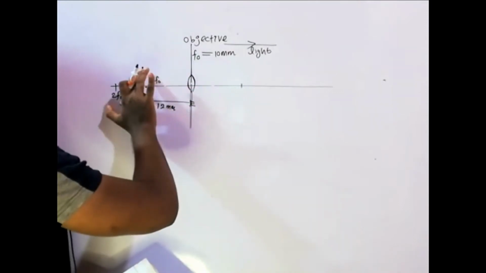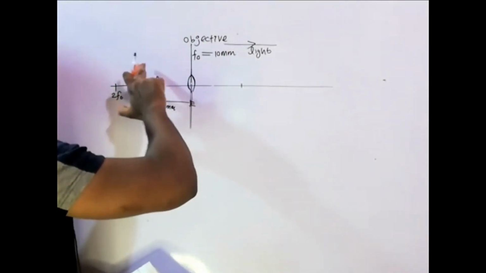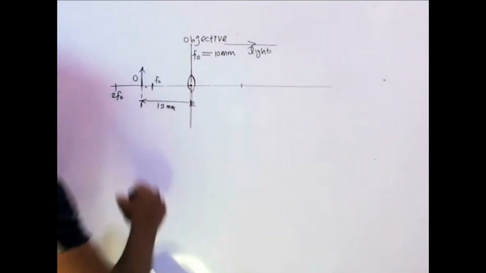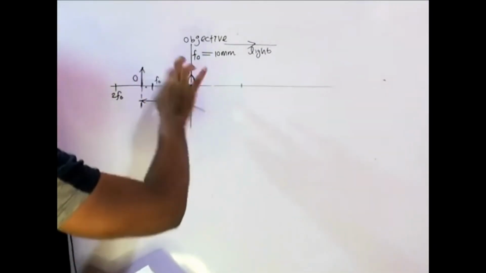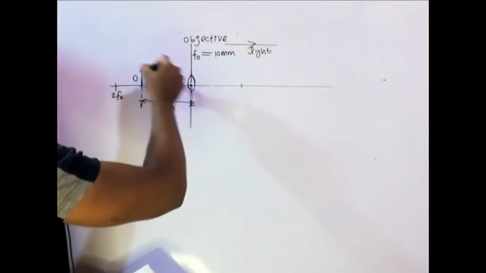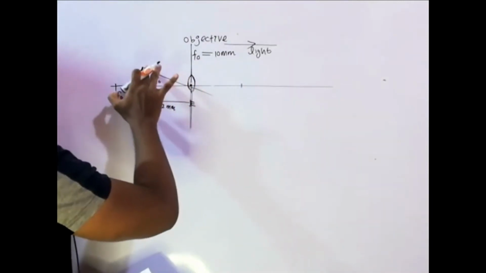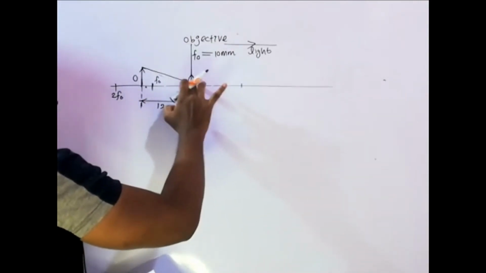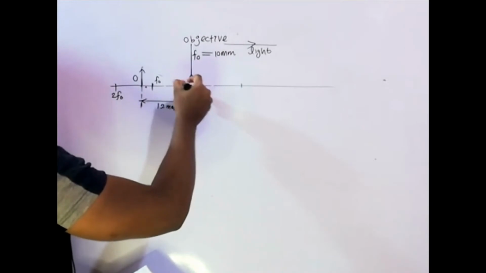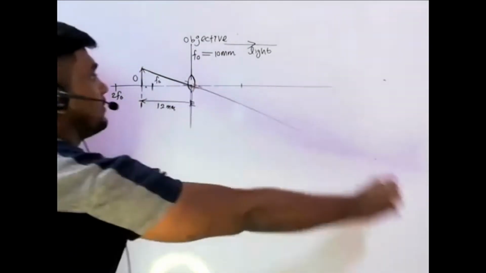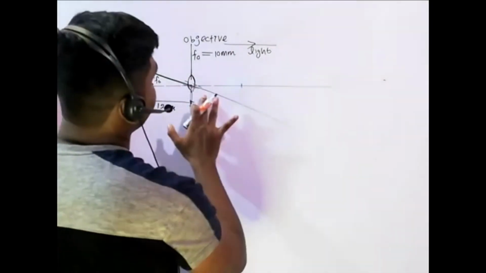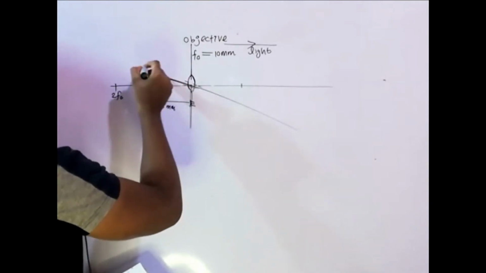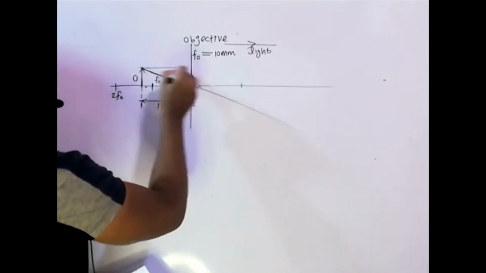Whenever light rays start from the top of the object and pass through the center of the lens, the direction does not change. Then this is the ray. And another ray starts from the top of the object parallel to the principal axis.